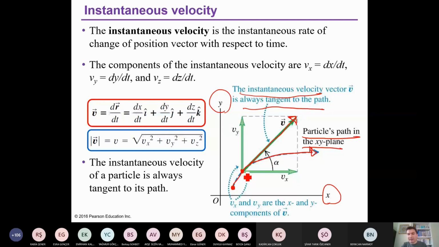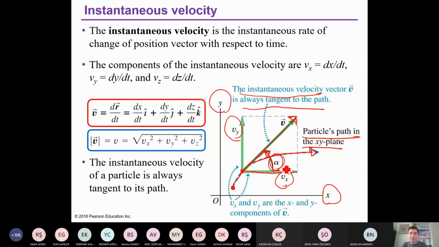And this is the angle alpha, okay? The angle between the positive x direction and the velocity vector is alpha. For the position vector or for the displacement, we have used theta, and for the velocity, we will use alpha, okay?